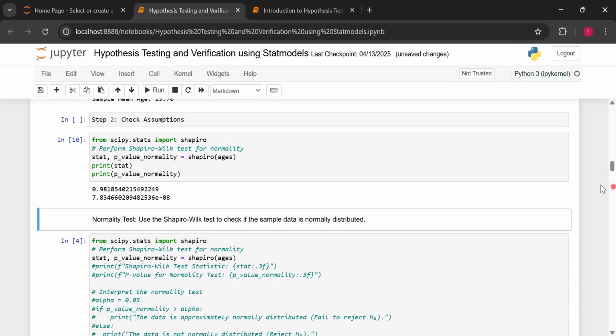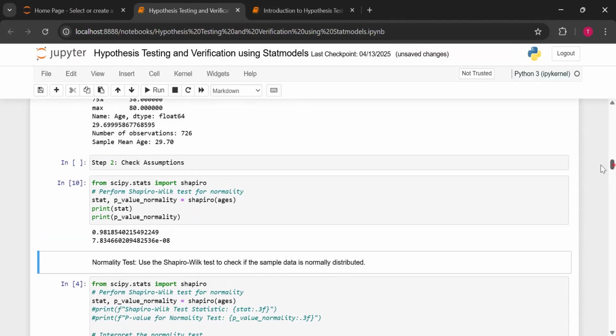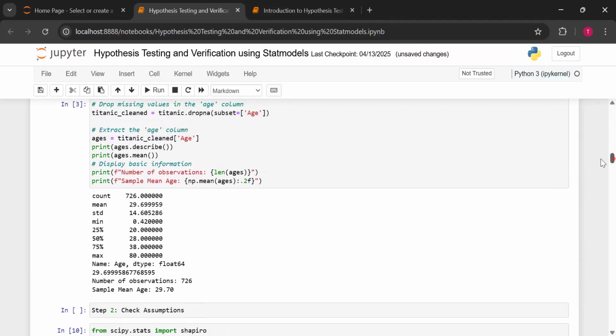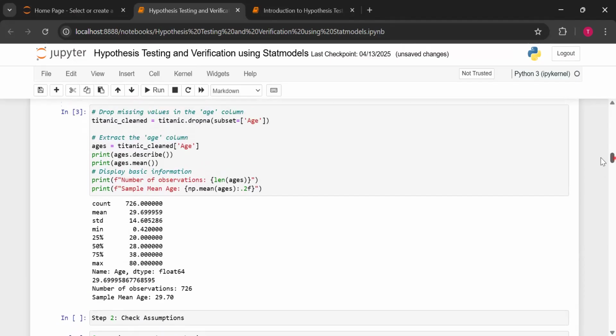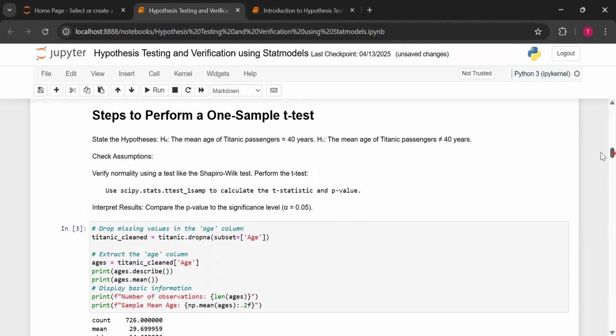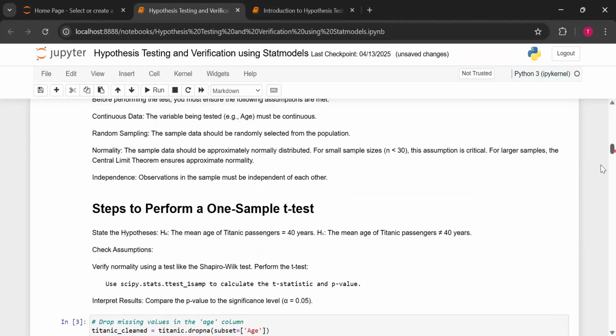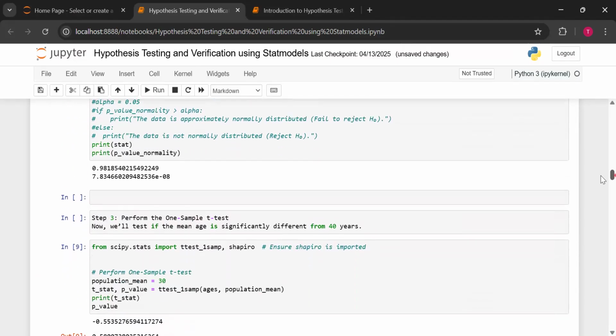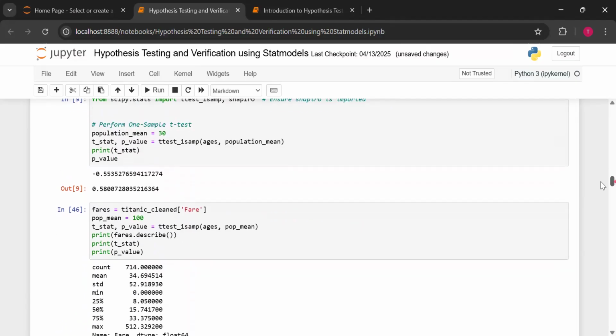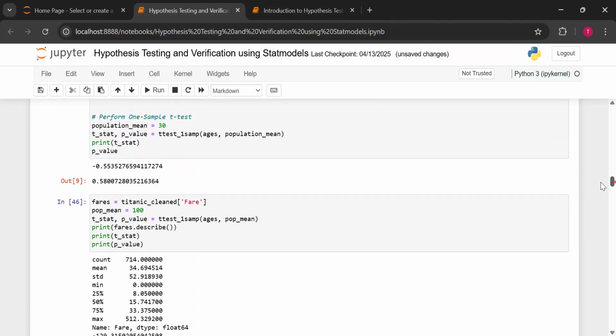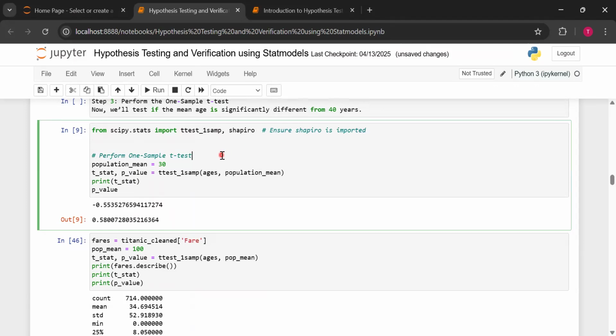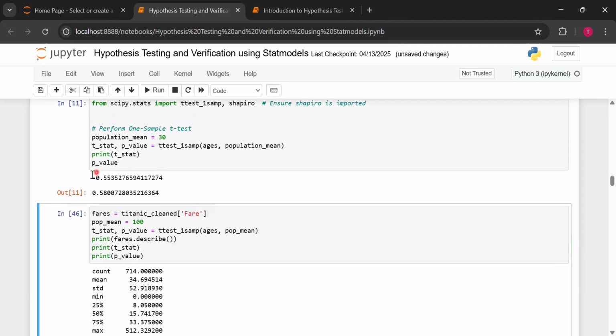Even 30 is still a significant margin. Let me see, did I put 30? Here is 30. So you say this one is insignificant, right? Because this value is greater than 0.05.